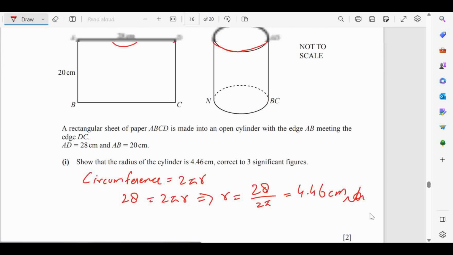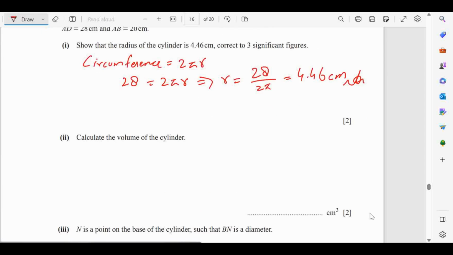Calculate the volume of the cylinder. Now we know that the formula for the volume will be base area into height.